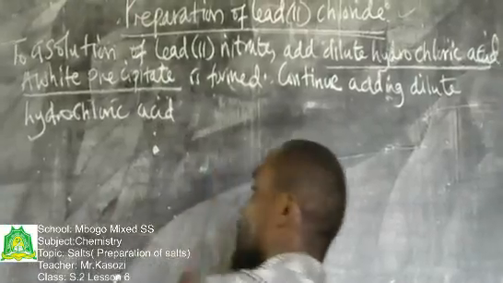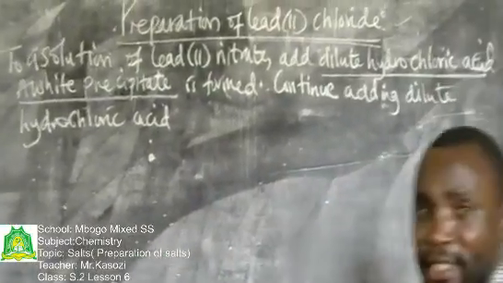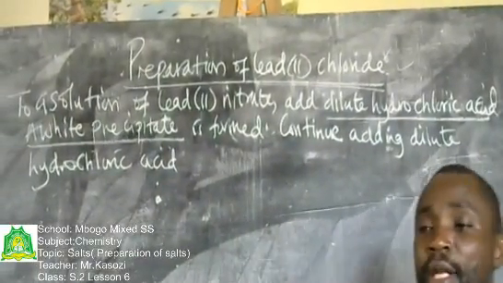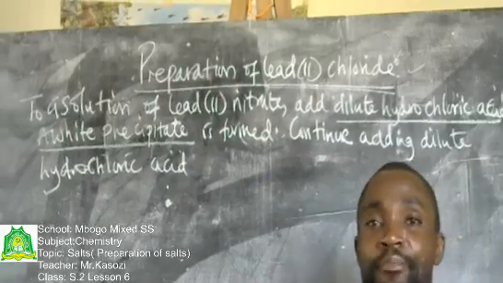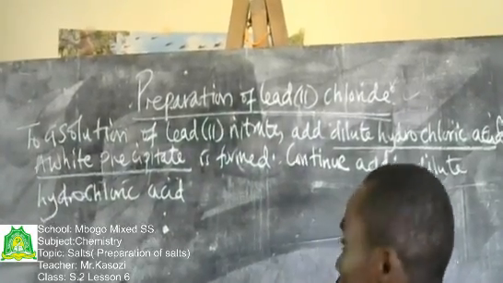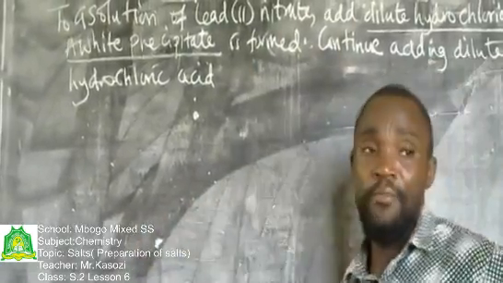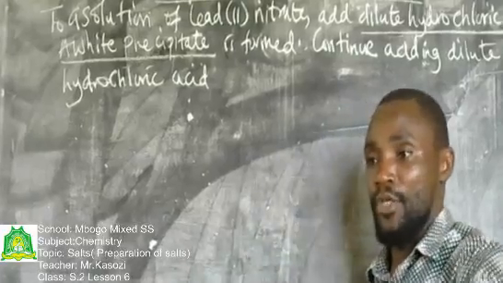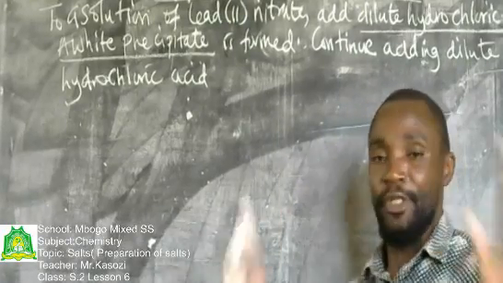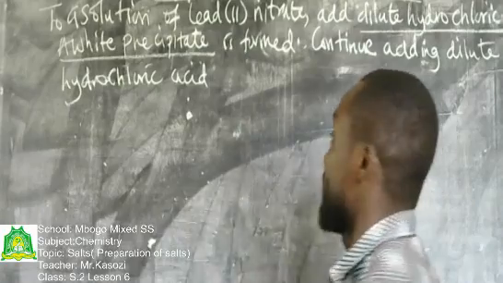Why? To ensure complete precipitation, such that all the lead(II) ions have been precipitated out as lead(II) chloride. That's why you have to add more acid to ensure complete precipitation of the lead(II) ions.